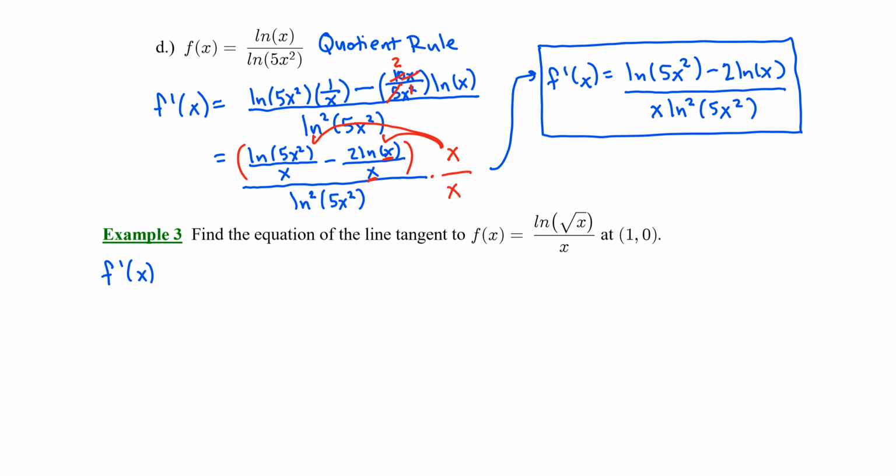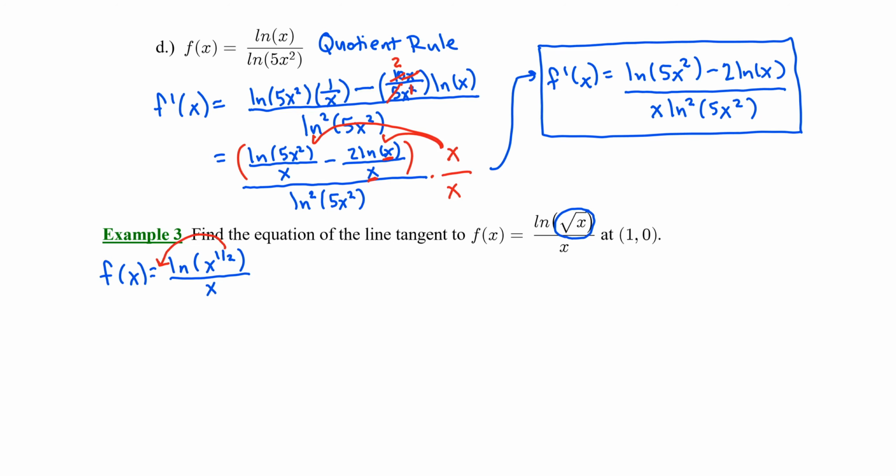Now notice, I can't cancel the x's in the original function, but I do have a square root in the argument. So in fact, before I differentiate, let me call this regular f of x, I'm going to simplify that. Okay, we can rewrite it as x to the 1/2 over x, and then by the power rule for logarithms, I'm not differentiating, right?